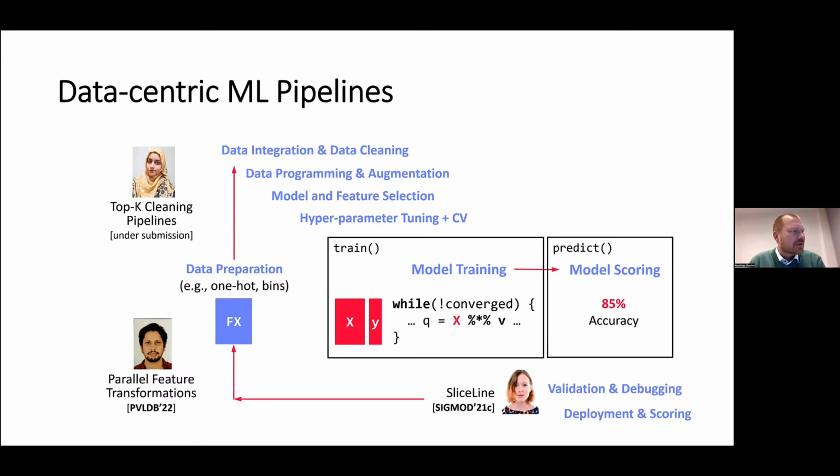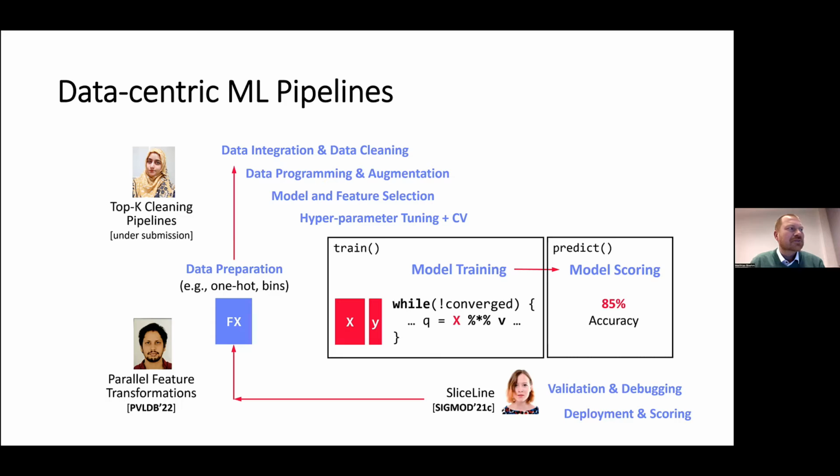Recently, we also have done some work on task parallel feature transformations in order to make especially repeated data preparation with different hyperparameters in the context of feature engineering much more efficient.